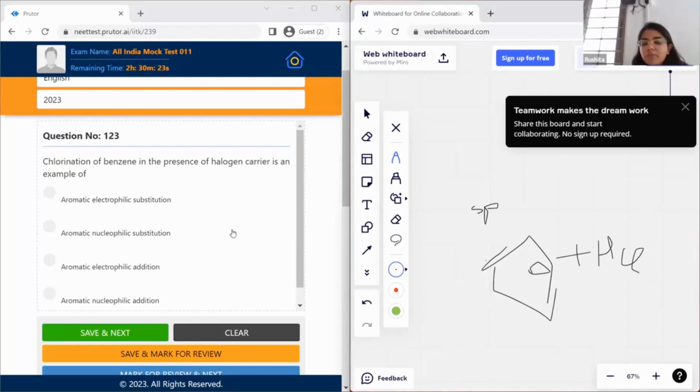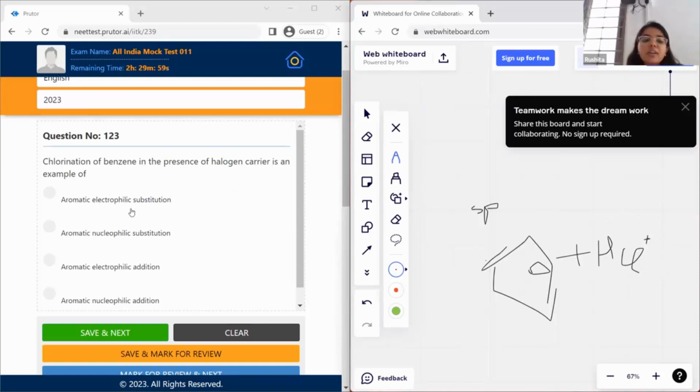So obviously, because this is an aromatic structure, all of these are aromatic reactions, and the halogen would enter in the form of an electrophile, not a nucleophile. Because to stabilize the benzene ring, electrophilic substitution is preferred more. So Cl here would enter as an electrophile.